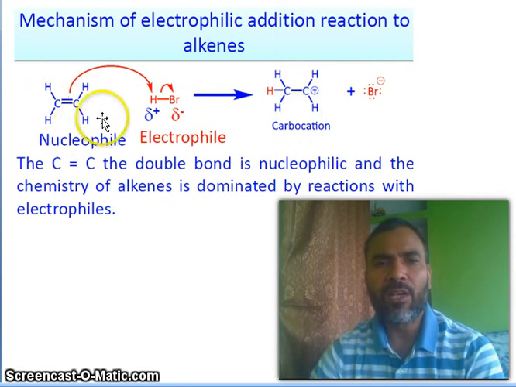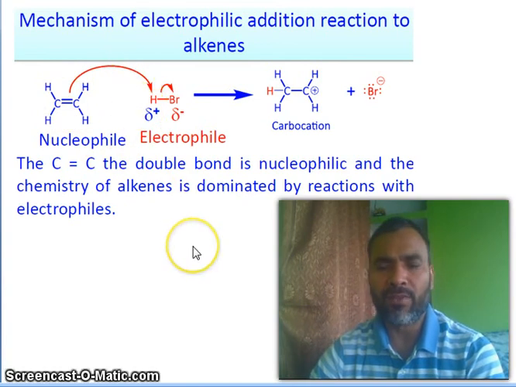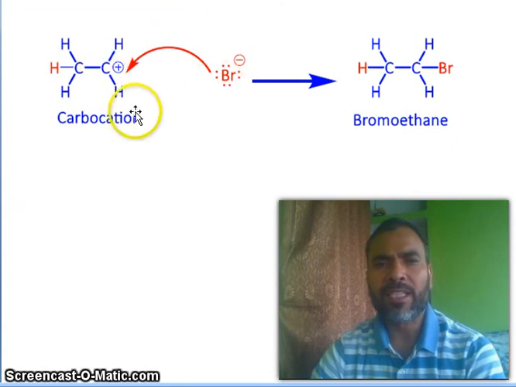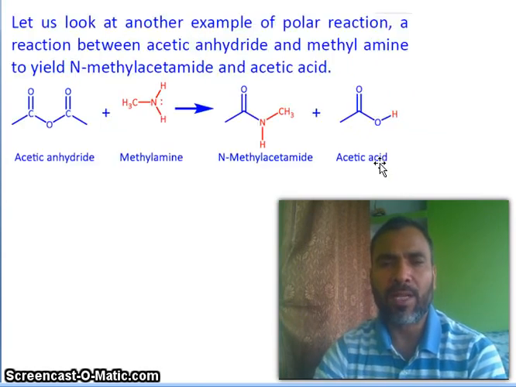So this is the nucleophile and this is the electrophile, and this forms an intermediate carbocation. The carbon-carbon double bond is nucleophilic, and the chemistry of alkenes is dominated by reaction with electrophiles. So this double bond always attacks electrophiles. Later on, it becomes ionic in nature. Bromide attacks this carbocation, forming bromoethane. So this is a very simple mechanism.